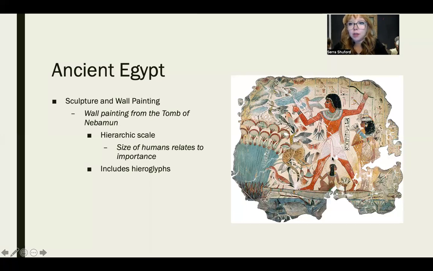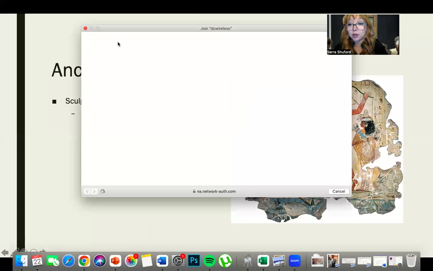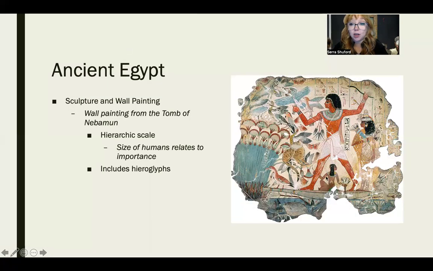So this might be the pharaoh or the god king. This might be a wife or some other important figure in their life. And this last figure down here underneath is maybe the lowest in importance. So again, this is an example of scale, when it's one thing compared to another thing.